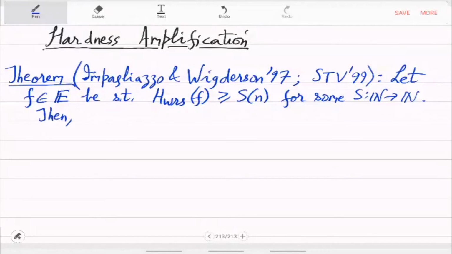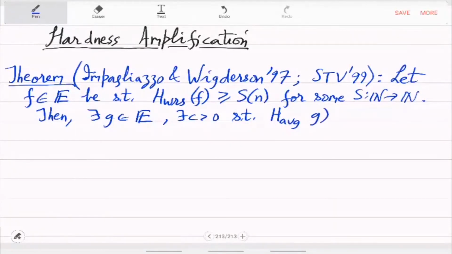then there also exists, in the same complexity class E, a function g and a constant c such that the average case hardness of g is similar, for large n.